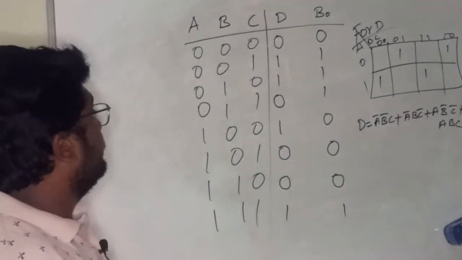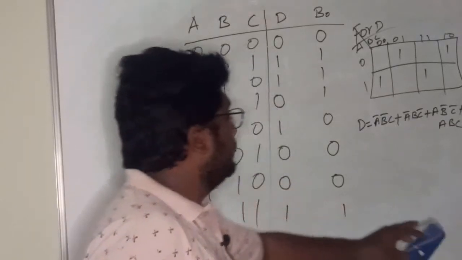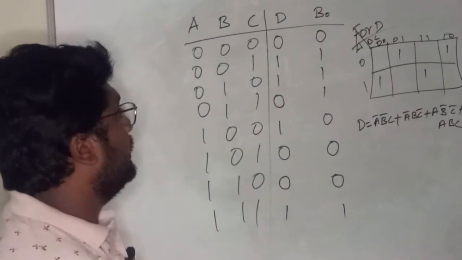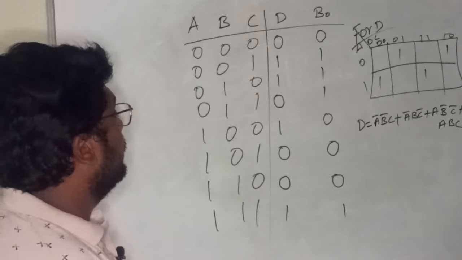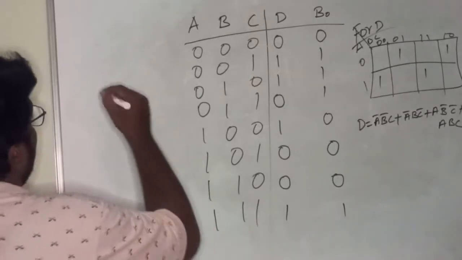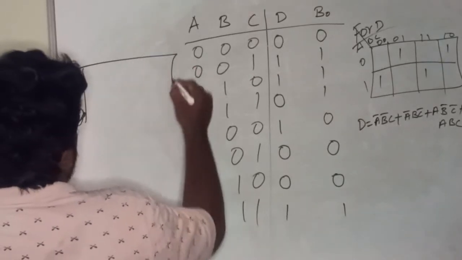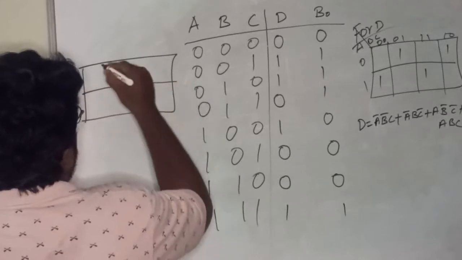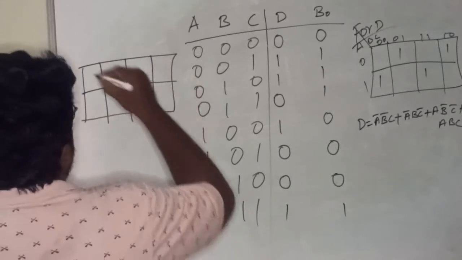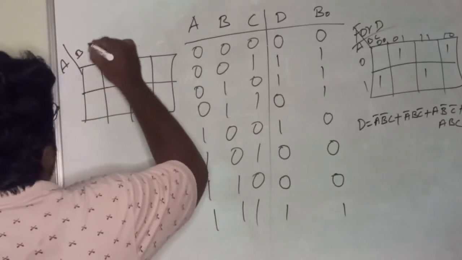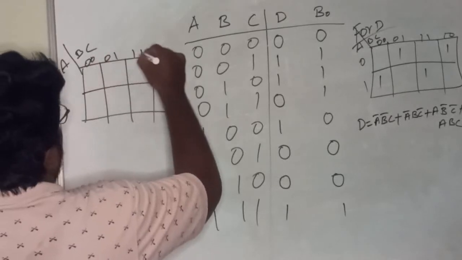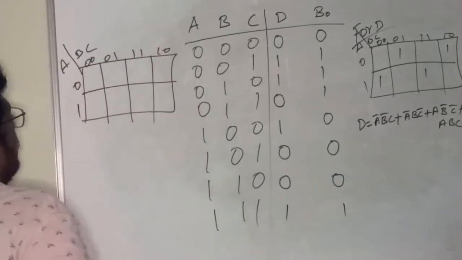So now let us draw the K-map for the borrow B naught. For borrow B naught, A B C: 0 0 0, 1 1 1, 1 0 0 1.